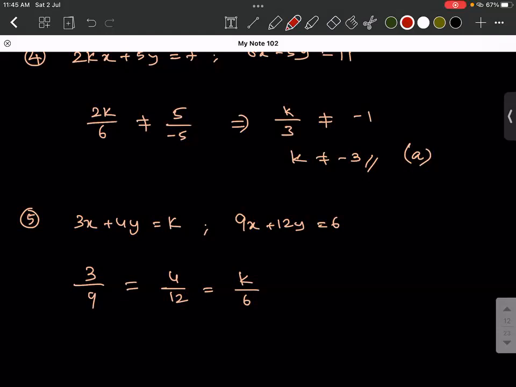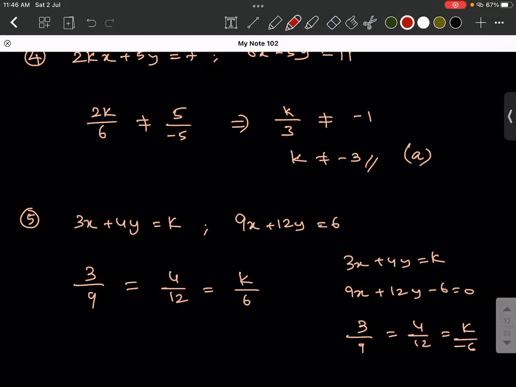See, for example, if the question is like this, okay, 3x plus 4y is equal to k, 9x plus 12y minus 6 is equal to 0. So had the question been like this, in this format, can I write 3 by 9 should be equal to 4 by 12 is equal to k by minus 6? Can I write it like that?